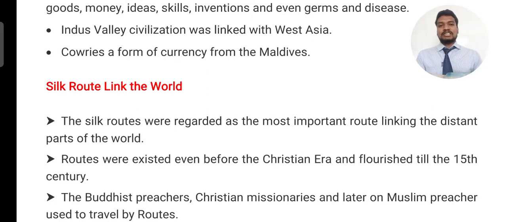The Silk Route started from BCE, before Common Era, and continued to the 15th century, that means 1400 AD. So it survived up to there, it continued up to the 15th century.